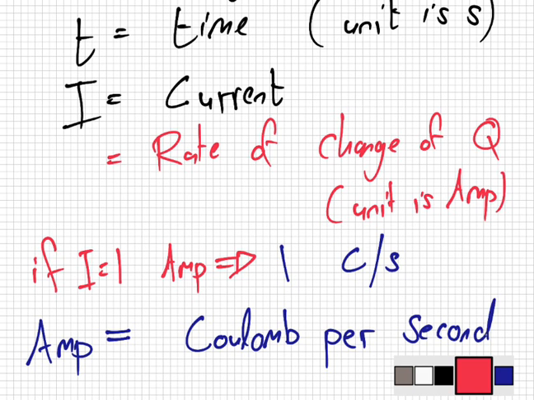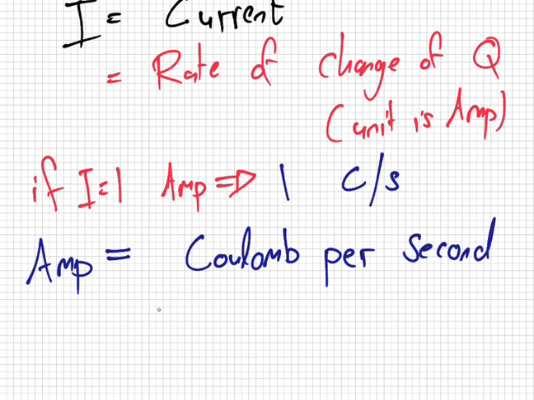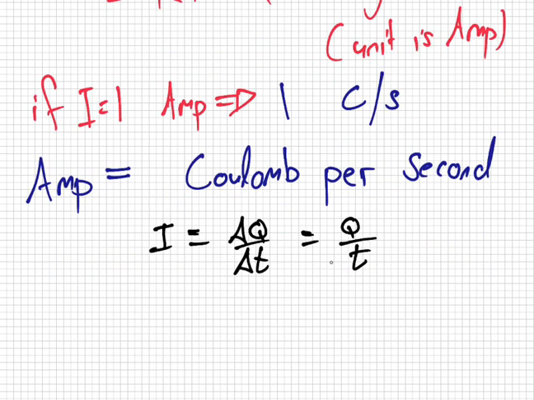So we actually have our first formula already. We can say that I equals the change in charge over the change in time. In other words, I is charge over time. Like that's almost the definition, isn't it? So this is our first formula.